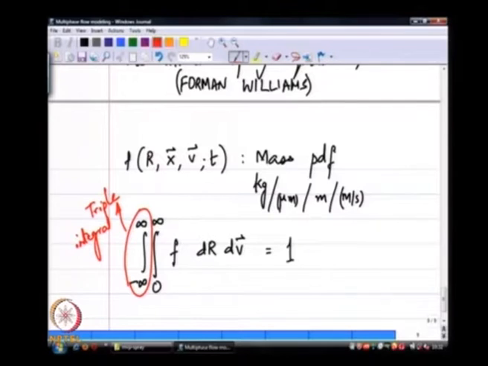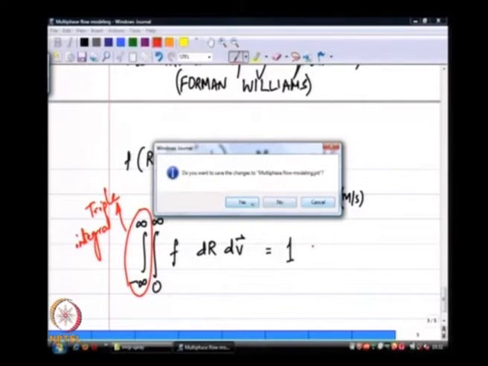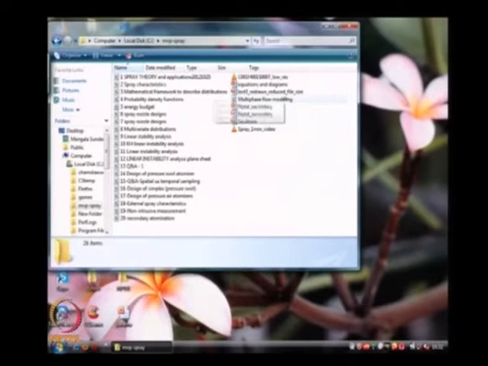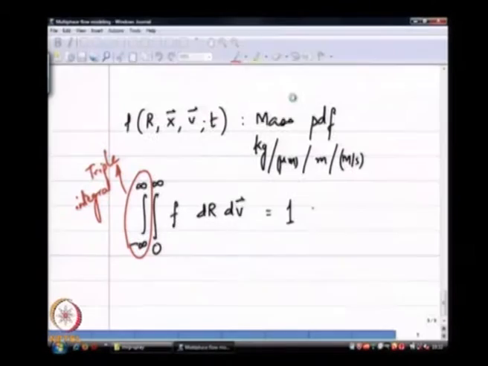is 1. Now, this is a little different from the form that I developed earlier, that I have written down here, where the normalization factor for this probability is the total ensemble of drops in the volume x to x plus dx. Okay.